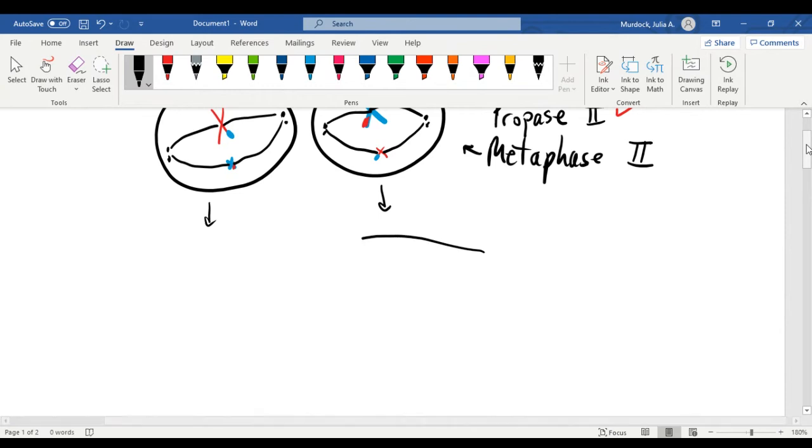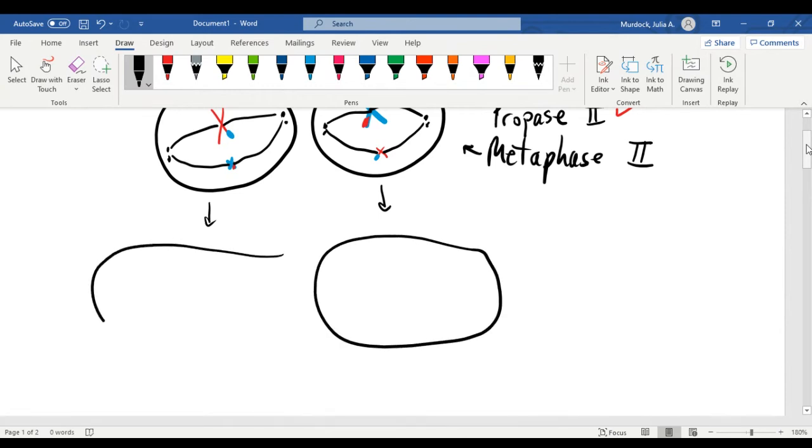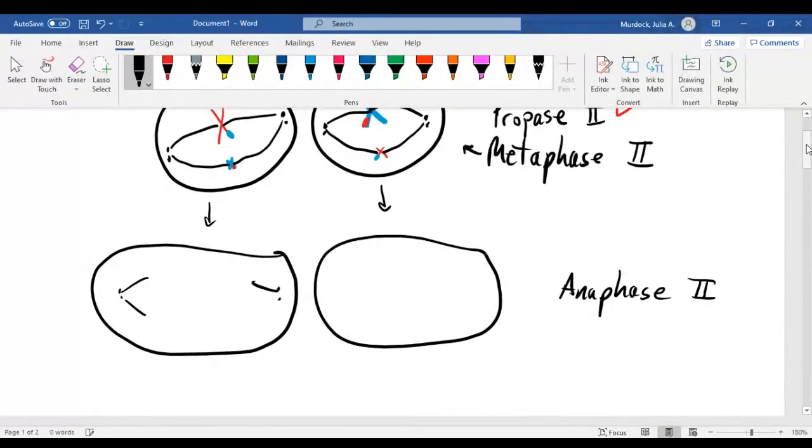So in Anaphase II, we're going to have the cell elongate in both cases. So here's Anaphase II. Second thing, okay. So in both cases, this time we have movement of sister chromatids.